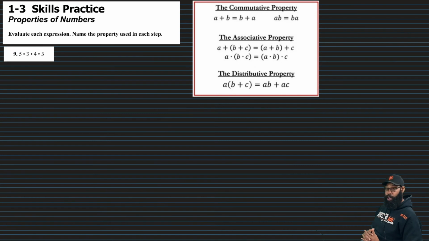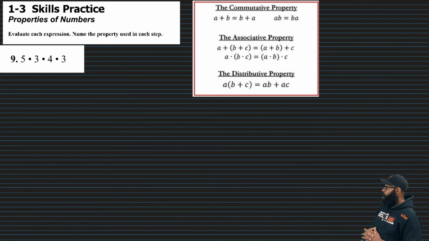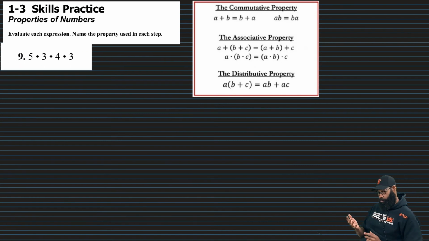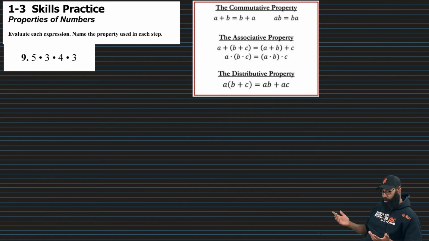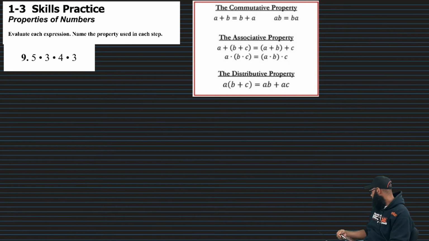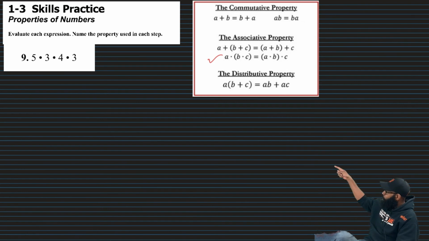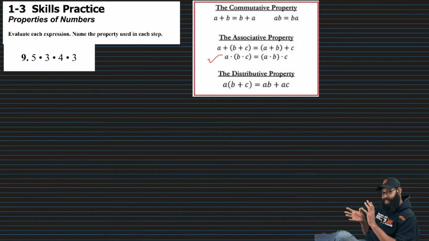So right now, number 9. Again, that calculator, right? 9 times 3 times 4 times 3. That's not what this lesson is. And those kids that do that are not doing what is asked. So this time, of course, the associative property of multiplication is probably one I could use here, but you'll notice they're grouping in associative, like who's grouped together.